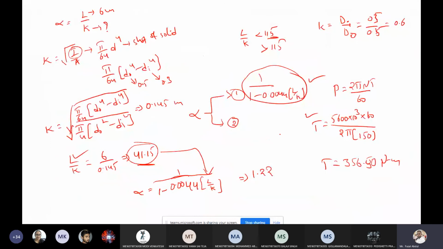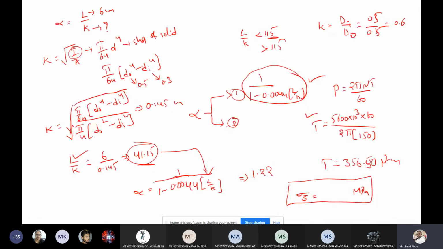Substitute all values in that equation, get the answer, and equate to pi by 16 into sigma s into d cube, and then tell me the sigma s value in terms of megapascals. Tell me the answer tomorrow.